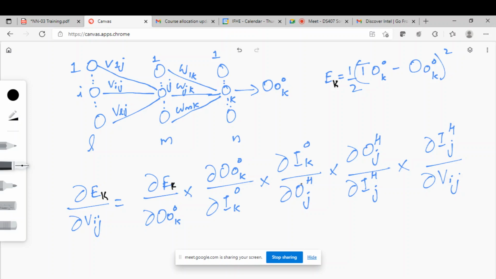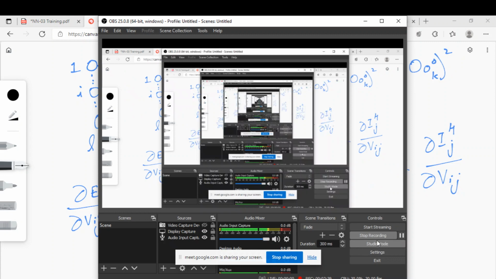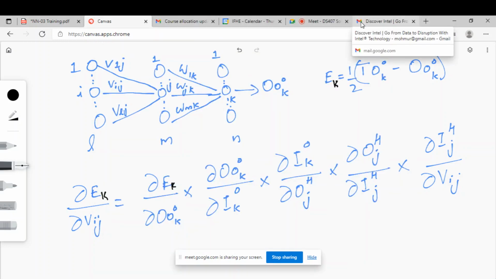So the derivative of the input of the kth neuron of the output layer depends on the output of the jth neuron of the hidden layer, and the output of the jth neuron of the hidden layer again depends on its own input, the input of the jth neuron of the hidden layer.